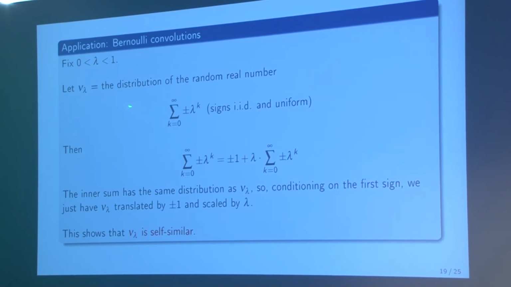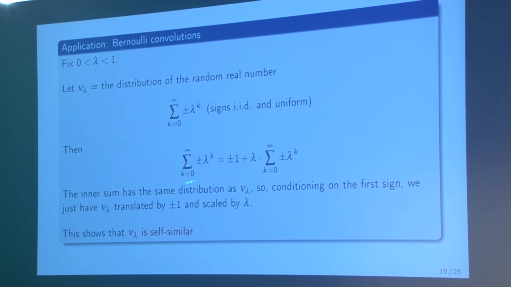And then you define a measure nu lambda, which is the distribution of the random number, which is defined as this random series. And what's random here is the signs. So you take plus and minus for each index n, or each index k. You take the plus and the minus independently with probability 1/2, 1/2. And so you have a random series, random power series in lambda with the signs chosen randomly, and this random number has some distribution.